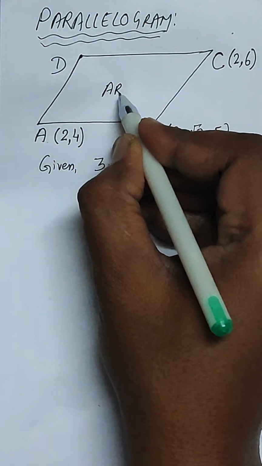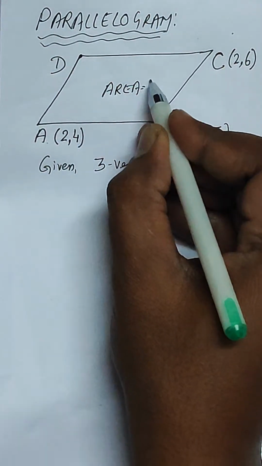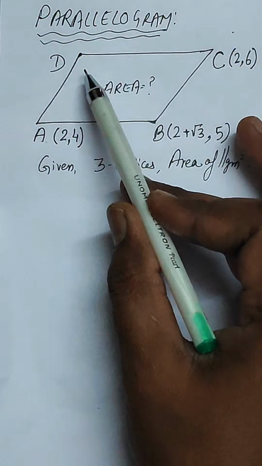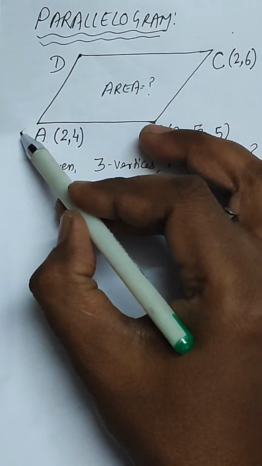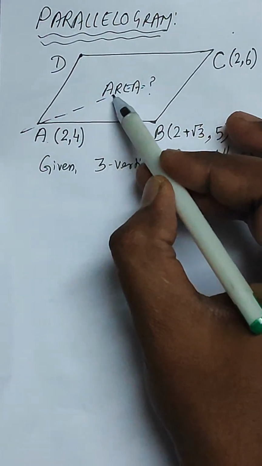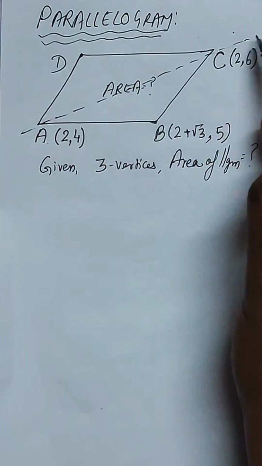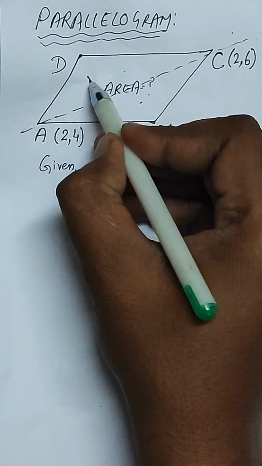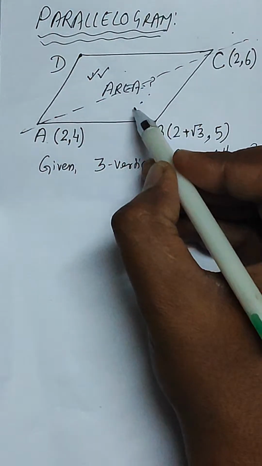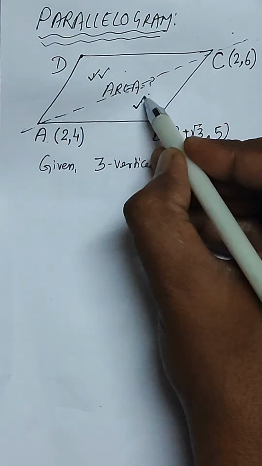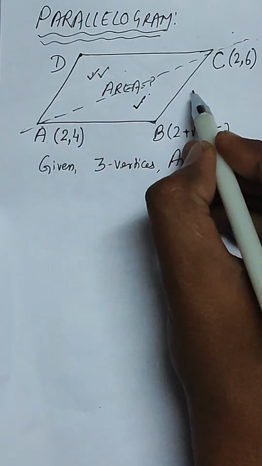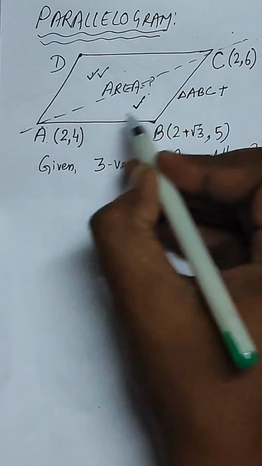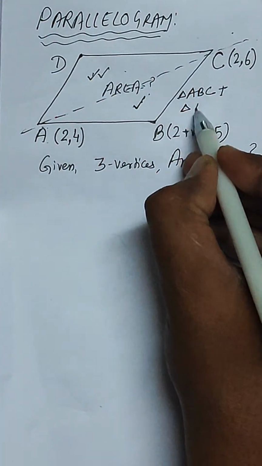So my dear friend, we need to find the area of this parallelogram. What do we need to think? If we have four vertices, we would divide this into two parts, calculate the area of this triangle and add it with the area of the other triangle, I mean triangle ABC plus triangle ADC.